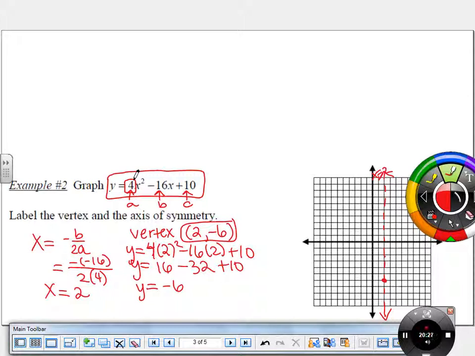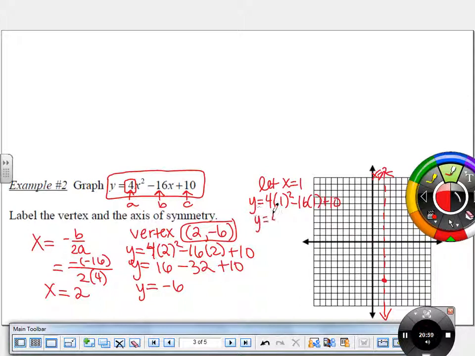Now, to quickly get a point on one side of the axis of symmetry, I could choose an x value. In my case, I'm going to choose 1 because 1 is close to the axis of symmetry, which is 2. I'm going to plug that into my equation as an x value and finish the calculation for y.